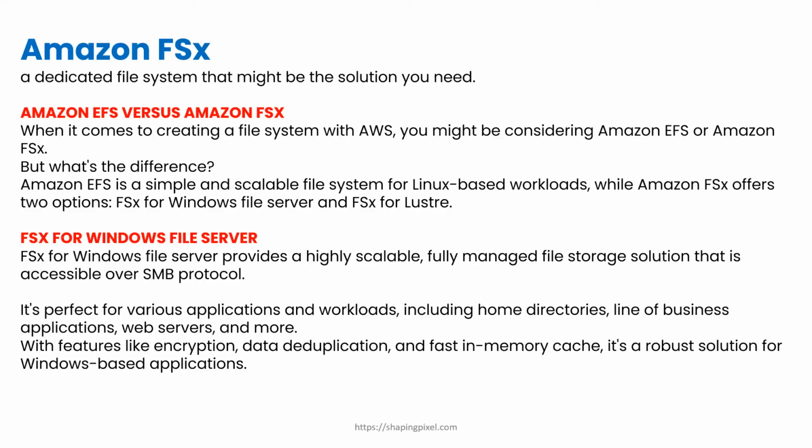FSx for Windows File Server provides a highly scalable, fully managed file storage solution that is accessible over the SMB protocol. It's perfect for various applications and workloads, including home directories, line of business applications, web servers, and more. With features like encryption, data deduplication, and fast in-memory caching, it's a robust solution for Windows-based applications.